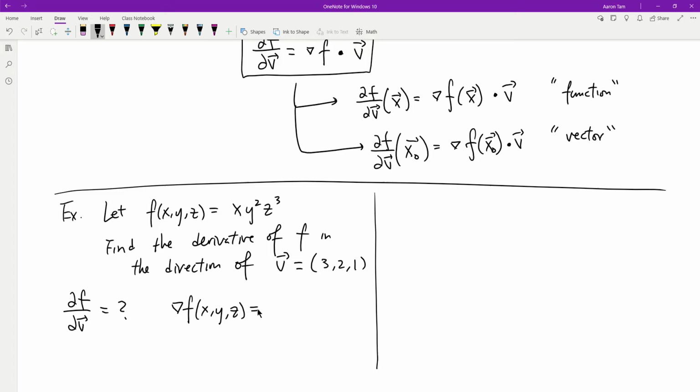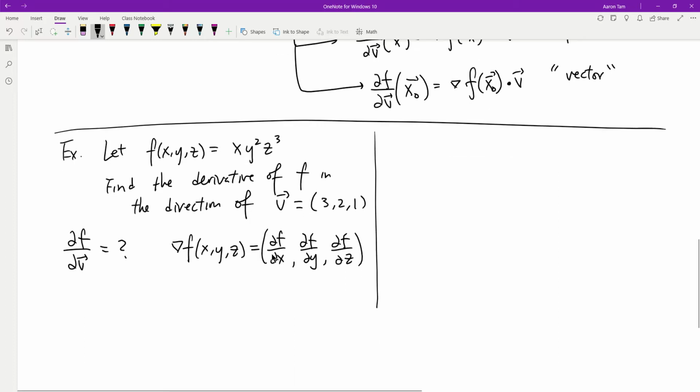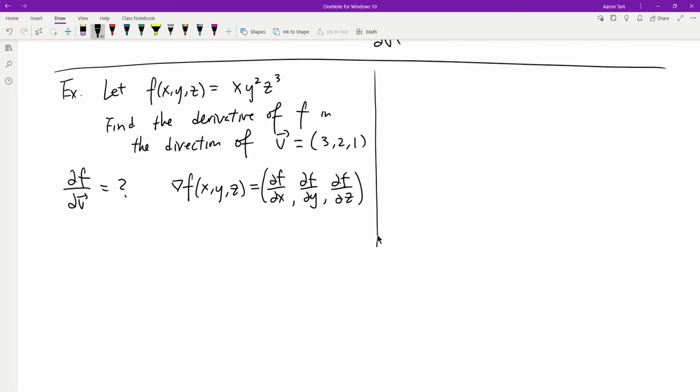The gradient of f is the partial derivative with respect to x, the partial derivative with respect to y, and the partial derivative with respect to z. It shouldn't be too hard to figure out.